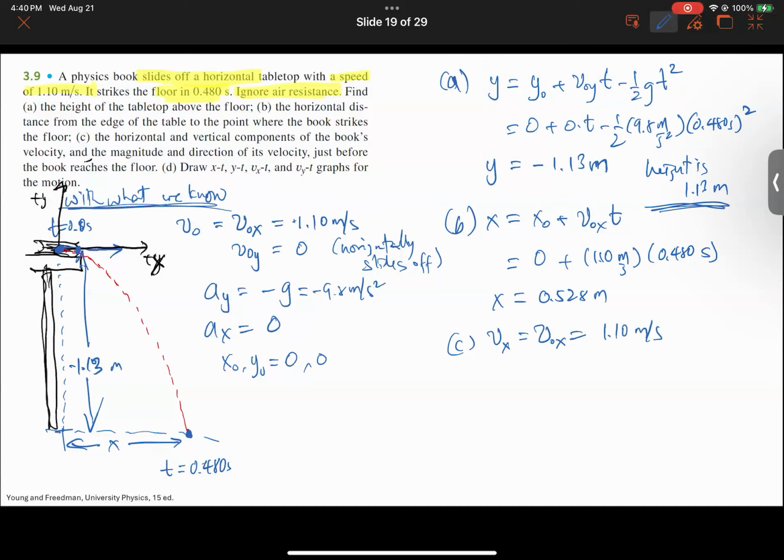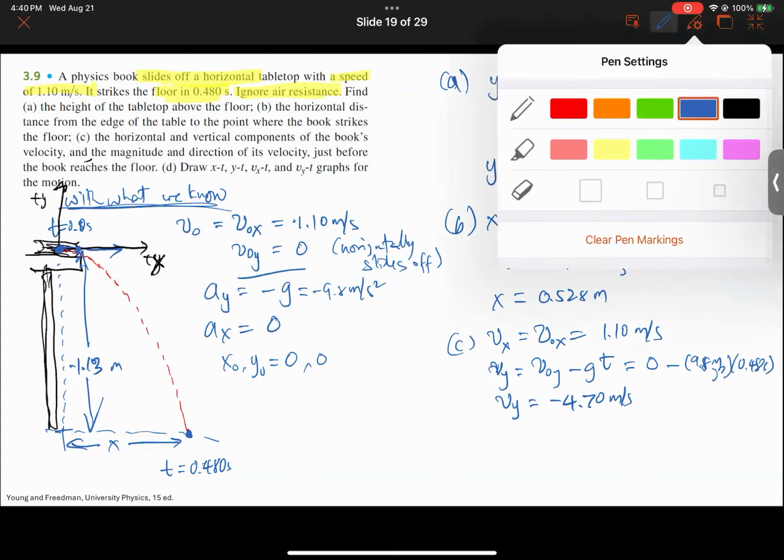Okay, and then along the y-axis, we have this expression V naught y minus g times t. Okay, pero yung V naught y, initial velocity is 0. So this is 0 minus 9.8 meters per second squared times 0.480 seconds. So ang Vy is equal to negative 4.70 meters per second.